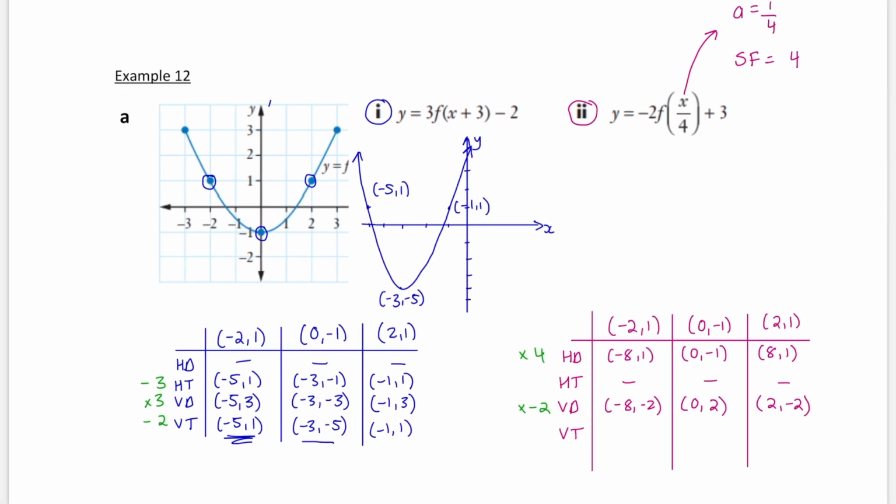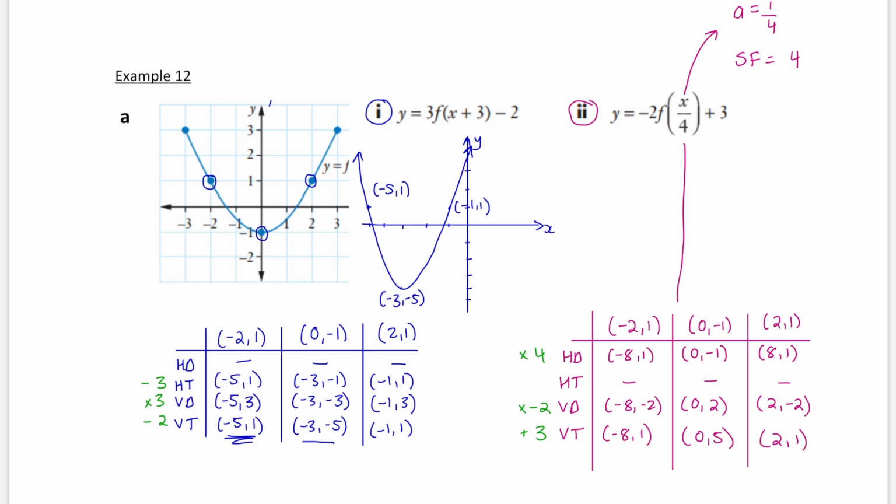Finally, I'm looking at my vertical translation. I'm shifting the coordinates up by 3. So I'm adding 3 to the y values. So -2 plus 3 brings me to 1. 2 plus 3 will bring me to 5. And then here, -2 and 3 will bring me to 1.